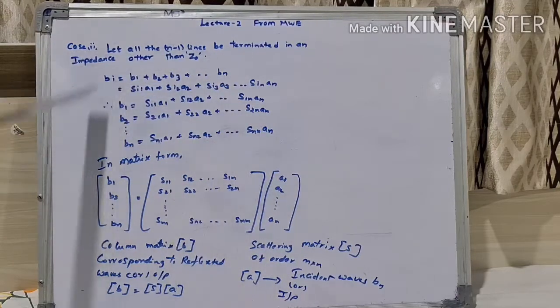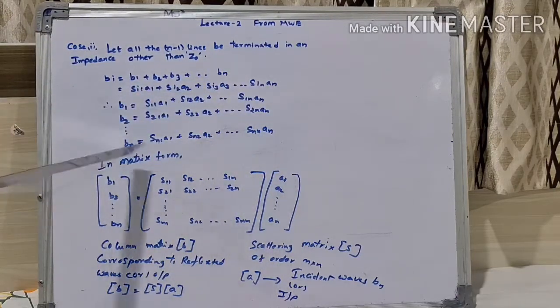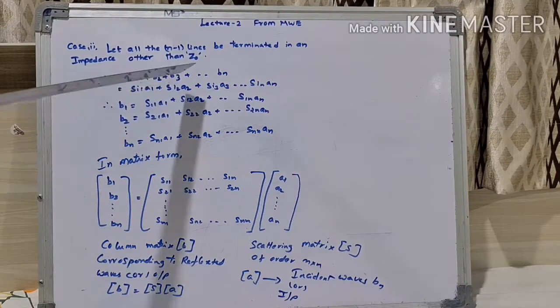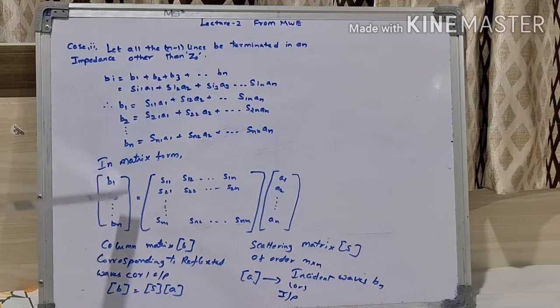If you take the matrix form for all the lines, B1, B2, B3 is the output matrix, the matrix B corresponding to reflected waves, or output power. The output matrix equals the S matrix into the input matrix.